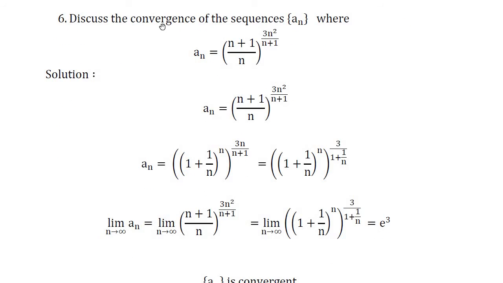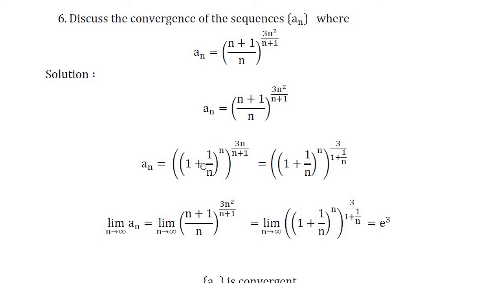Next, discuss the convergence of the sequence an where an is equal to (n plus 1 divided by n) whole to the power of 3n square divided by n plus 1. So consider an and divide the denominator n to each term of the numerator.